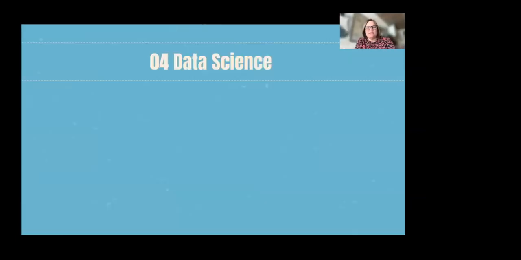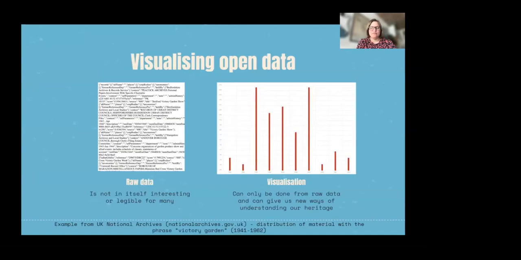So the last part of this talk is about data science. On this slide, I want to show you how we can visualize open data. So the data that we get when we send, for example, a URL off to this API, this database, wherever that is.